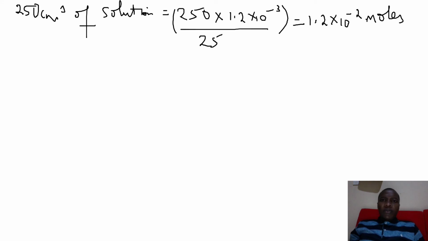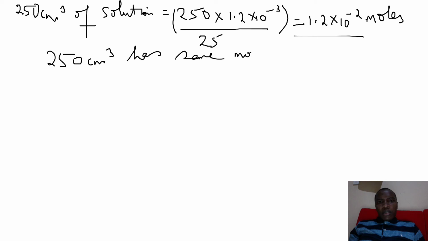But like I told you from the beginning, those moles are the same as those of the 5 centimeters cubed of the original. So 250 centimeters cubed has the same moles as the 5 centimeters cubed of the original.